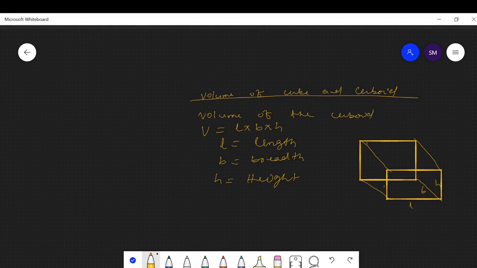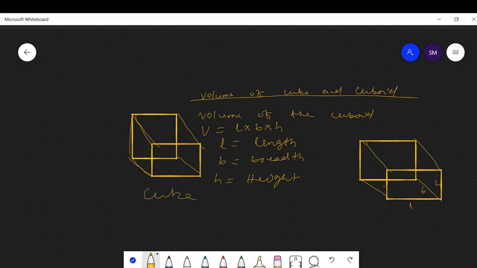The volume of a cube. Let us draw. This is a cube. In a cube, all 6 faces are squares, which means length equals breadth equals height. This is a cube and this is a cuboid.